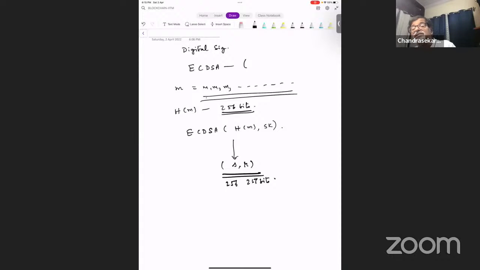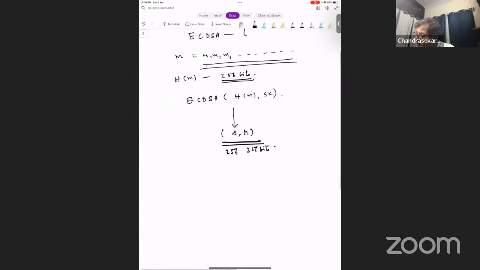The second one is this: every signature can be verified unambiguously. You can uniquely fix the verification. That is called the verification algorithm. This is called the signing algorithm, and there is a verification algorithm.